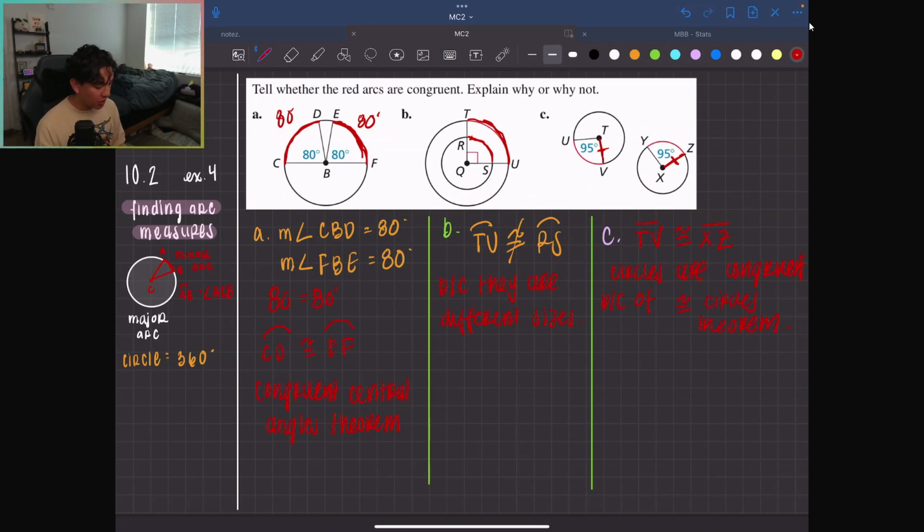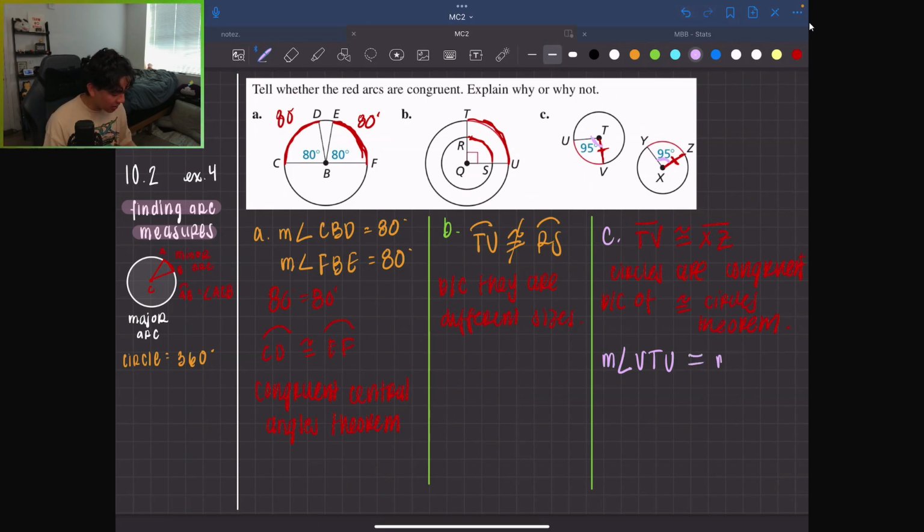Cool. So now that we know that these circles are congruent, let's take a look at these angle measures. We see that this is 95, and we also see that this is 95. So if it's the measure of something, then it's equal.